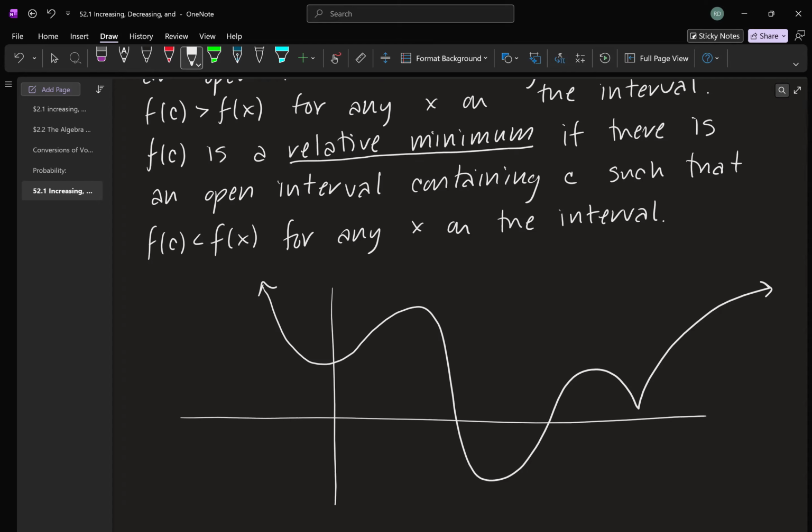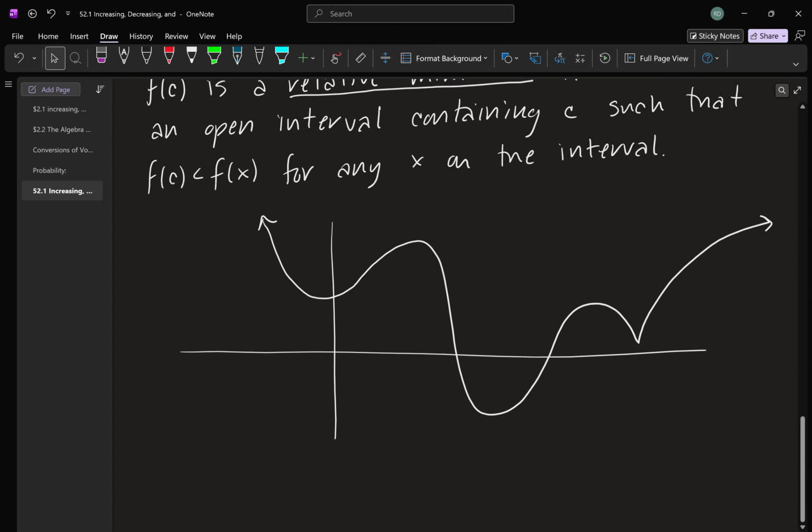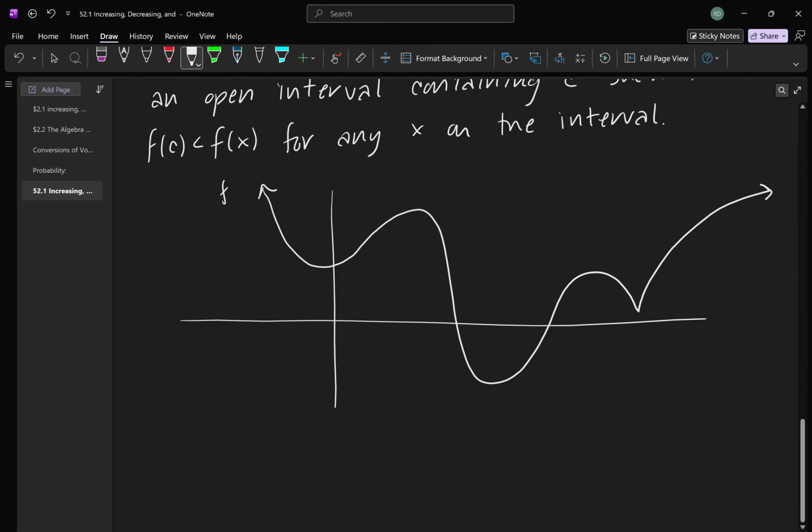Let's say we have this function here. Starting with the relative maximums, maxima would be the plural of maximum, so it would be the relative maxima.